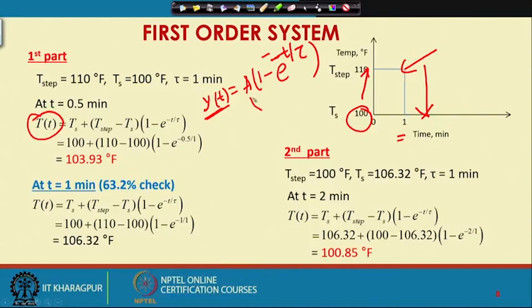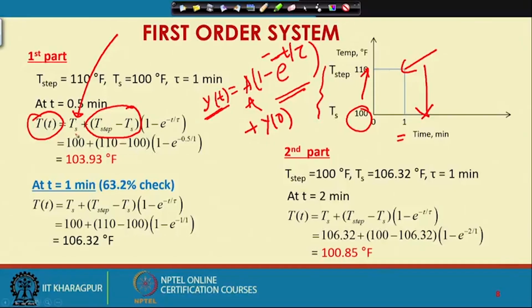A is the magnitude of step, so this is the difference between these two, and 1 minus e to the power minus t by tau is this, and y(0) we talked about in the previous problem also. So, that is the initial temperature that the thermometer was showing. So, you have all the information now.